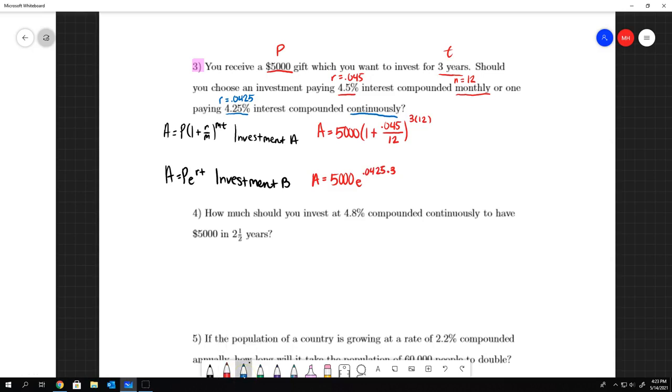And if we plug these two things into our calculator, calculator for both, investment A says that we will have $5,721.24.